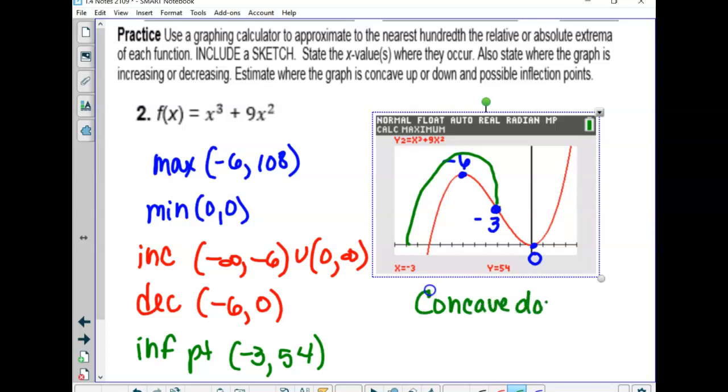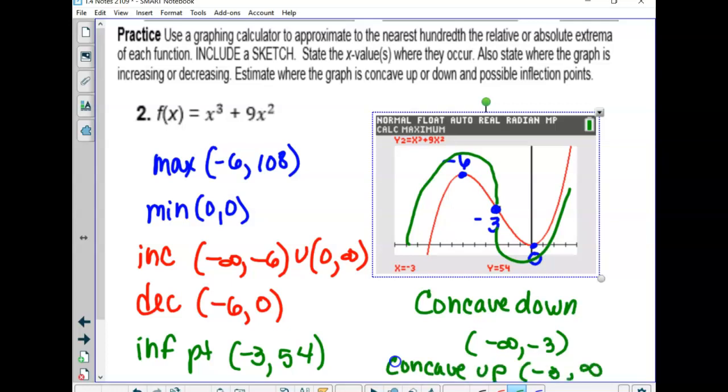How many of you have no idea what that means? Concave down. You all good? It means if I trace it out, the little face is sad, right? Then from here over this way, it's happy. So this was negative infinity to -3, and then concave up from -3 to the right.